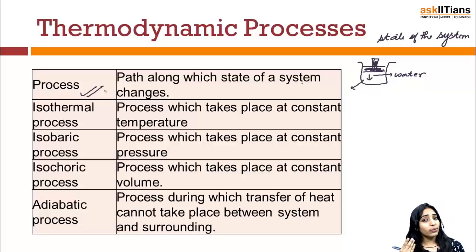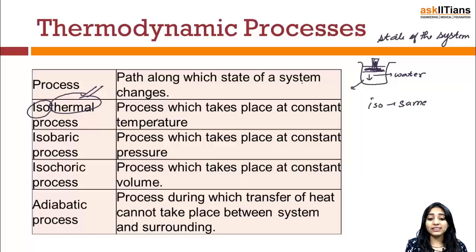So the first process that we are going to study in thermodynamics is known as the isothermal process. Now iso means same, and isothermal comprises two words: iso means same and thermal means temperature.